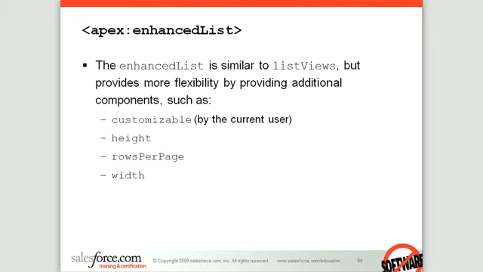So a lot of flexibility. The enhanced list is just different. It's almost a spreadsheet type view in the sense that it outlines the cells, and the user can drag the cell length. So it's just a different view of a list of records.